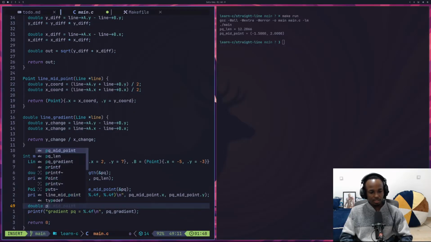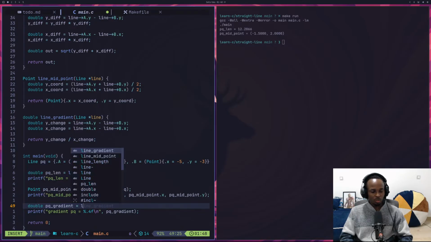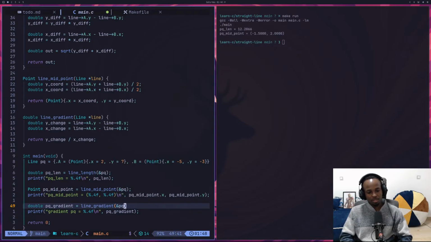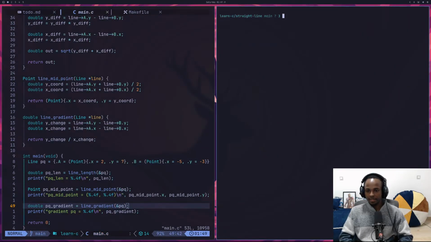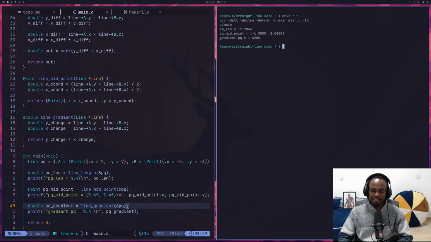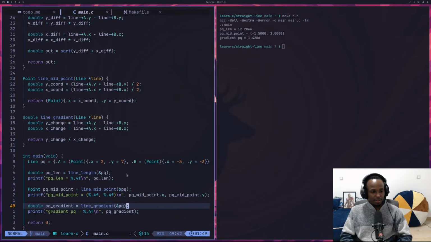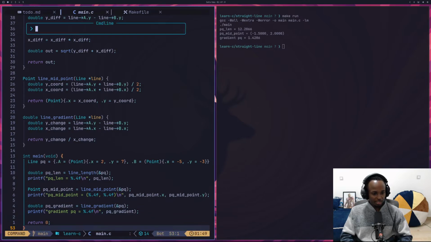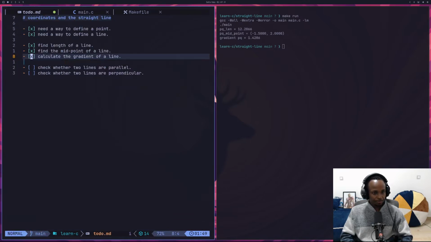So it's going to be a double pq gradient, and this is going to be equal to line gradient, and then we are going to pass in pq, and let's run this. So in our case the gradient is 1.4286. Okay, so we are now done with the gradient.